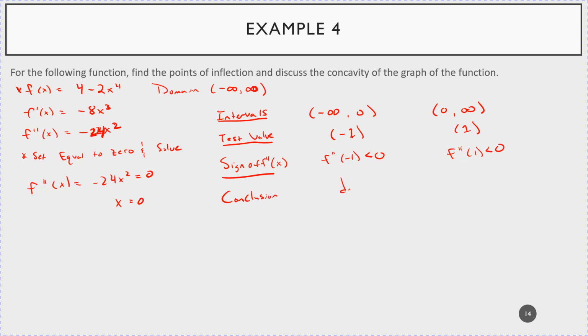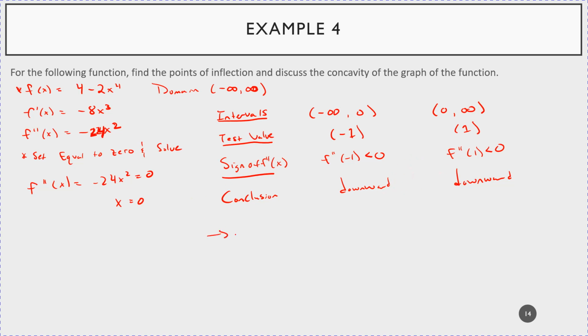Well, look, it's concave downward from negative infinity to 0. And then it's also concave downward from 0 to infinity. So notice how the concavity doesn't change here.